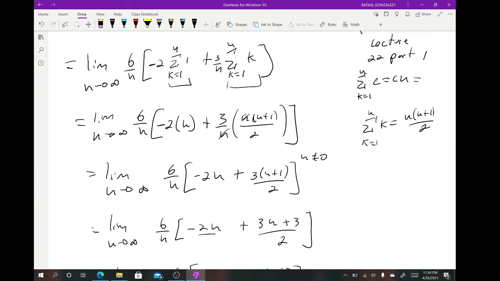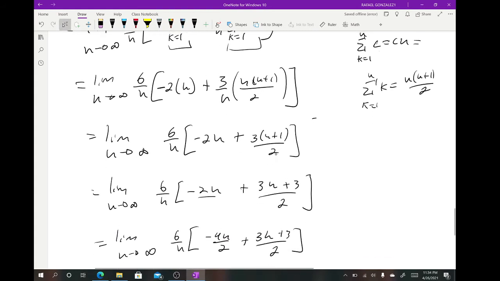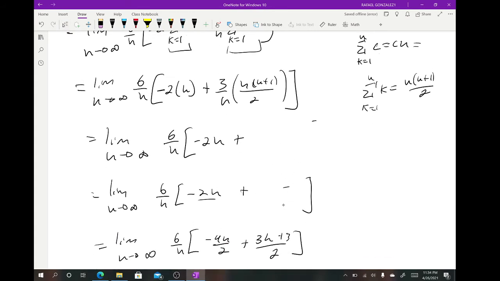My mistake is right here. Sorry about that. I actually cannot cancel that because I have division there, and this is going to be a binomial, so I cannot just cancel it right away. So I mean that this is wrong, and this is wrong, and this is wrong, and this.